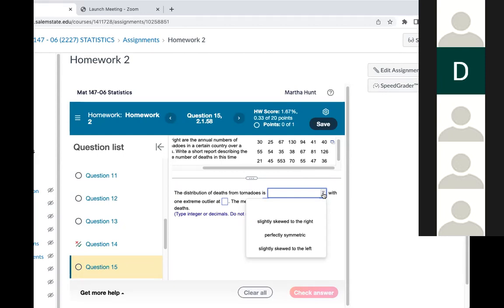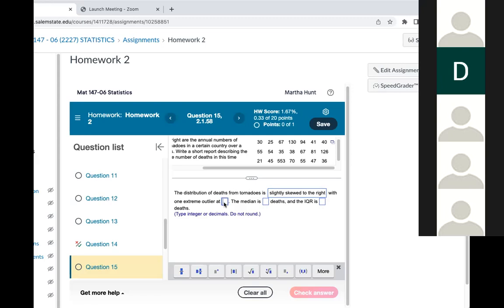So where were the big numbers? On the right. It was skewed to the right. There was an extreme outlier at 553. The median was 54, and the IQR was 32.